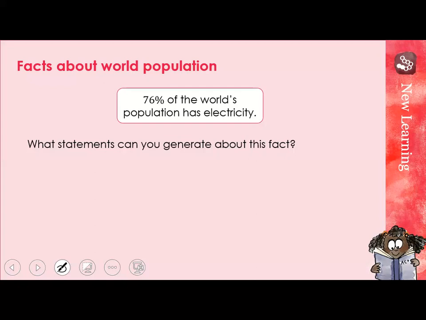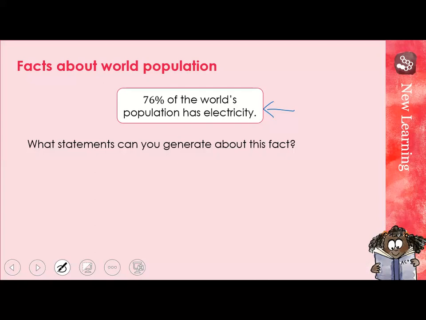So here is a statement. 76% of the world's population has electricity. That doesn't mean that 76 people in the world have electricity. Again, we know that isn't true. We know many more people than that in the world have access to electricity. They have plug sockets and batteries and things. What this is telling us is that 76% of the world's population has electricity.